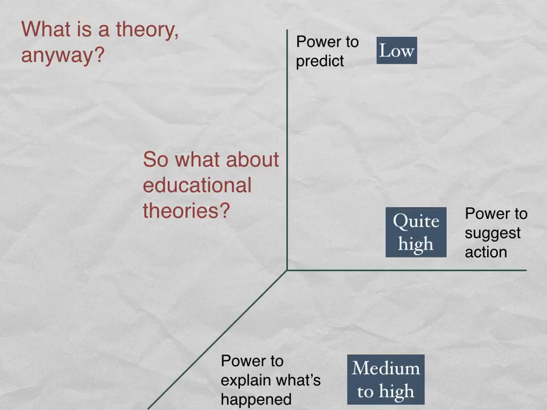And I think it has a medium to high power to help me understand what's happened. The more I read theories in education, the more I can reflect back on teaching situations that had puzzled me or disappointed me, or where I felt I hadn't done very well, and go, if only I'd done this, I would have acted differently. So it has quite a good power to explain what's happened.